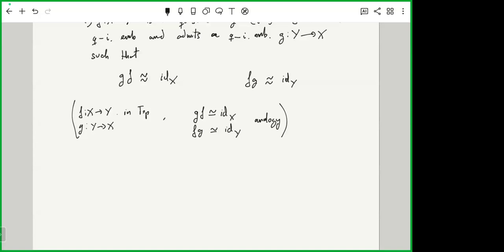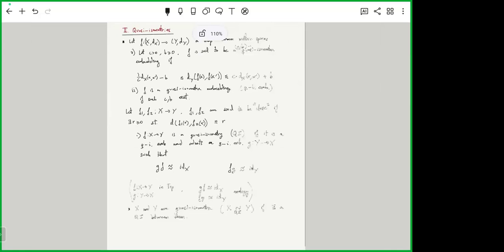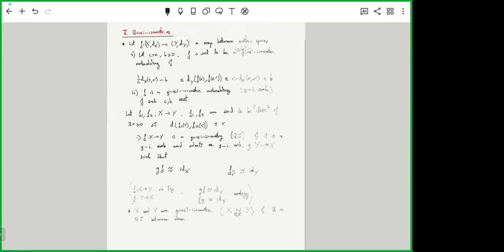Now we will say that X and Y are quasi-isometric, and I will write this, if there exists a quasi-isometry between them. Okay. So far, no questions.